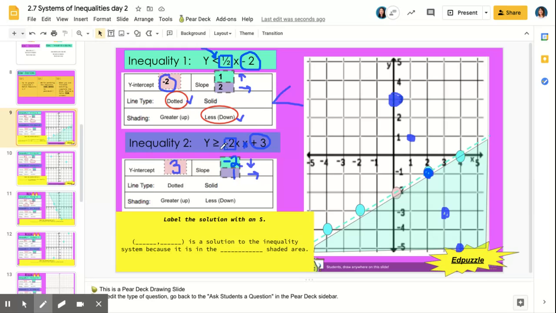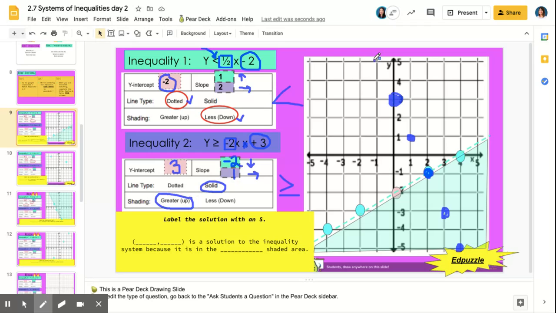All right. So now we need to look at our symbol. So in this case, our symbol looks like this. What is this symbol? All right, so you should have gotten that this symbol is greater than or equal to. When I see that equal to, that means solid, and greater means up.